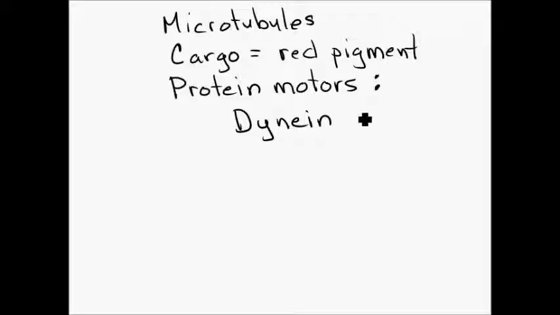In other words, it takes things from the plus end of the microtubule and drives it towards the minus end of the microtubule. The second motor that will be required is kinesin, and this is a plus end directed motor, which means things are transported in the direction away from the centrosome, so from the minus end of the microtubule to the plus end of the microtubule.